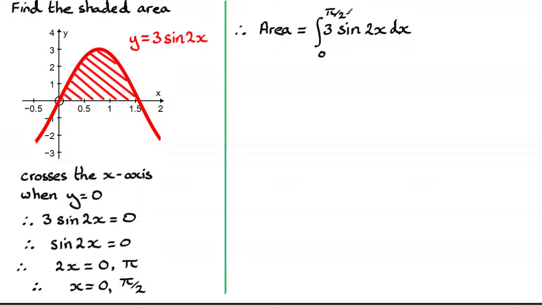Anyway, I'm going to let you loose on that one. See what you can do with it. 3 sine 2x. All I'm doing now is applying what we've seen before and using it in a definite integral. It could take you a little time here.